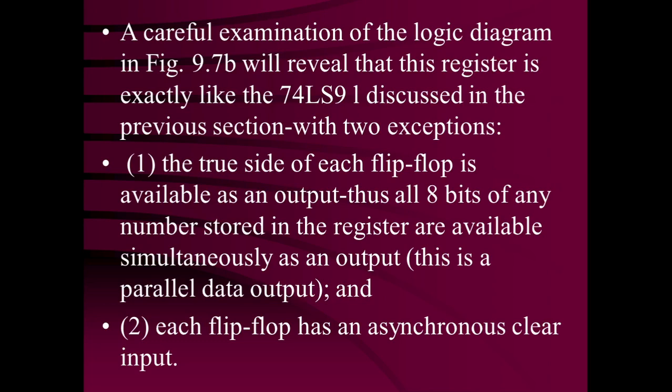If you look at the circuit carefully, you will come to know that this circuit is almost exactly equal to the circuit in the 74LS91, where the data is entered into the shift register serially. But this circuit is slightly modified with two exceptions.